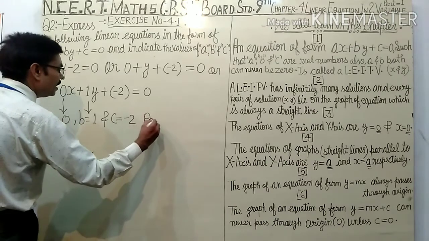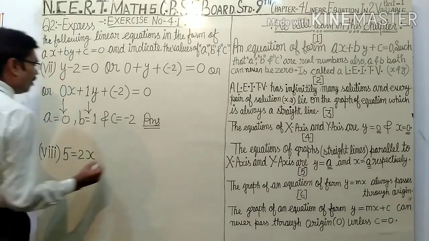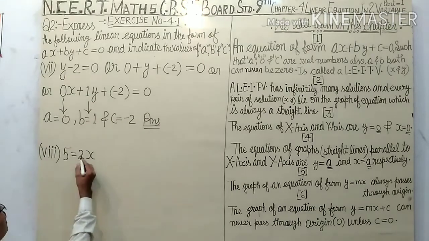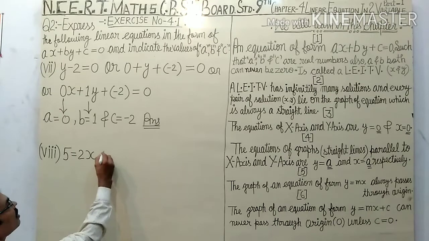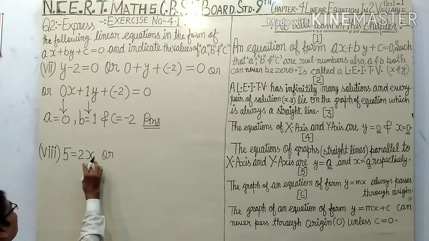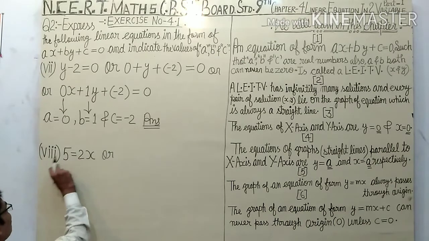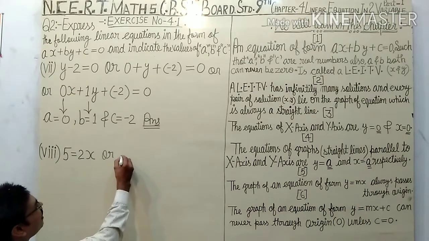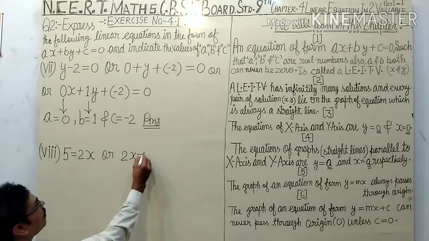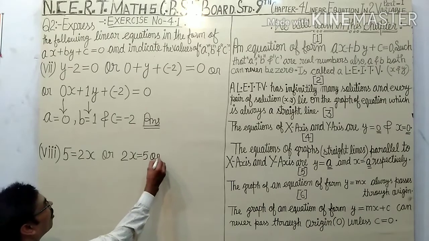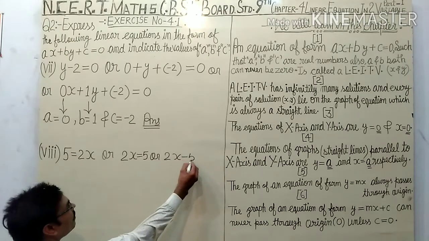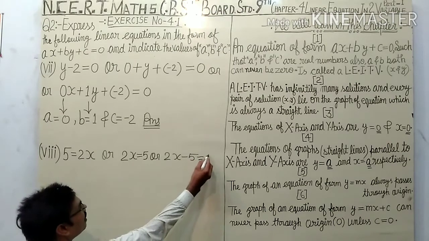And now 8th part of second question is, we have been given 5 equal to 2x. Students, interchange the terms from left hand side to right hand side and right hand side to left hand side. This can be written as 2x equal 5 or 2x minus 5 equals 0.